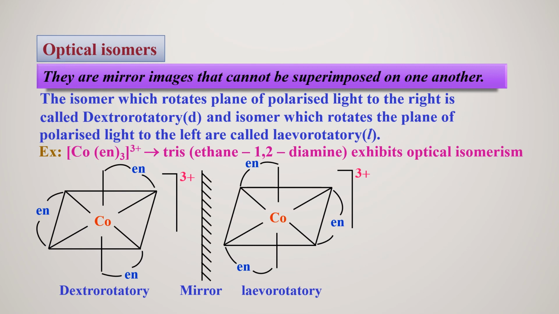That is called superimposable. If it is different, then it is called non-superimposable. So non-superimposable mirror images means they are optically active. They rotate the plane polarized light, are called optical isomers, and the phenomenon is called optical isomerism.